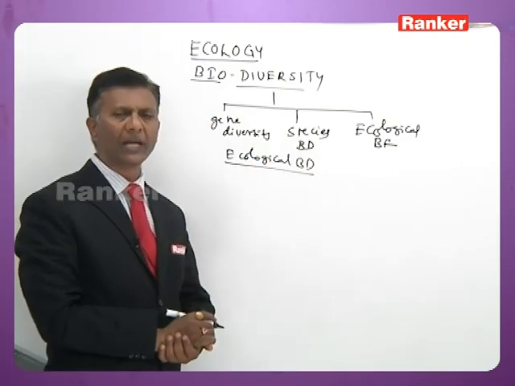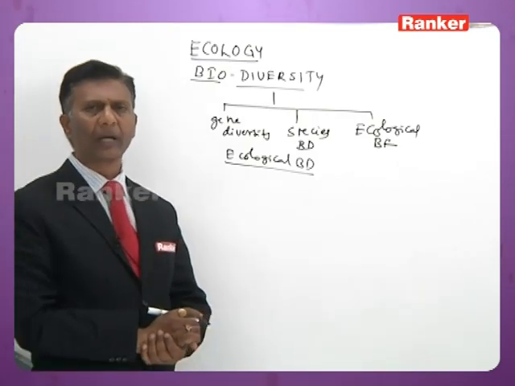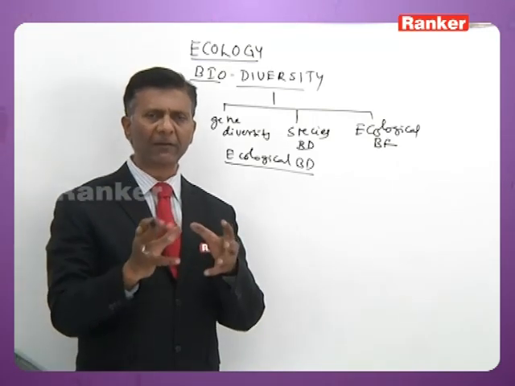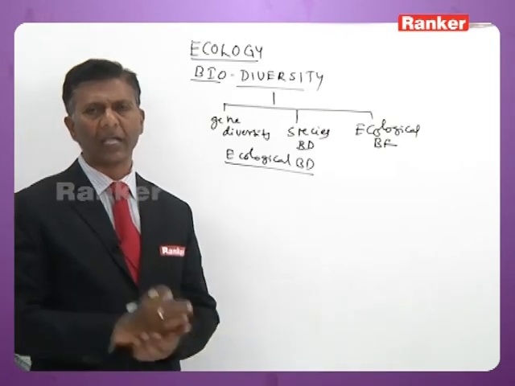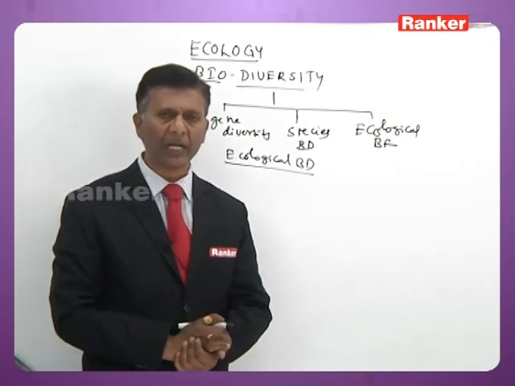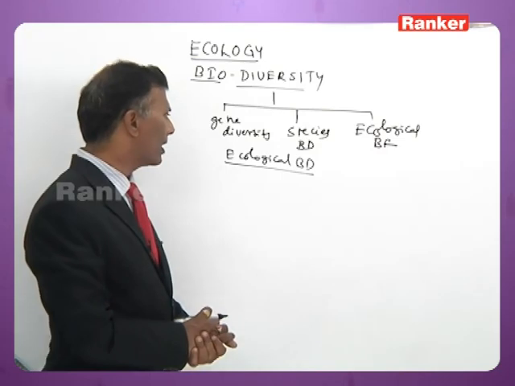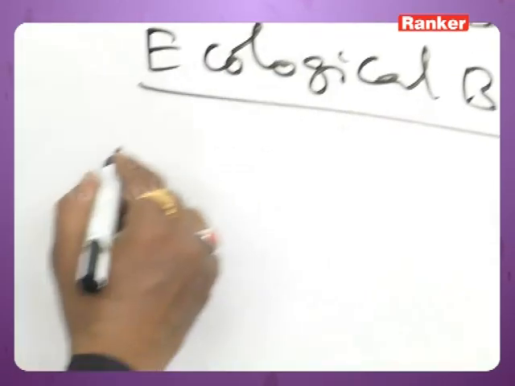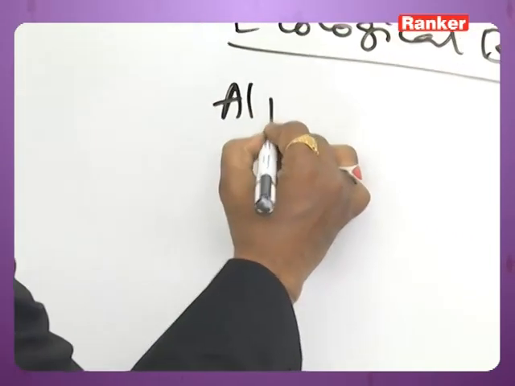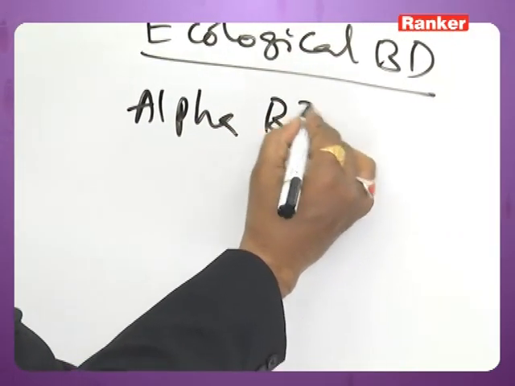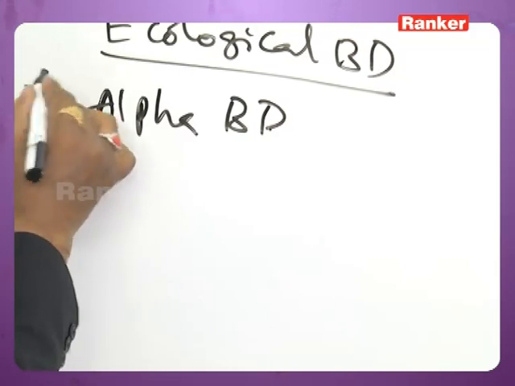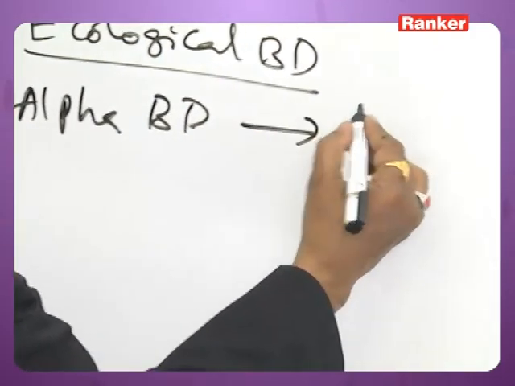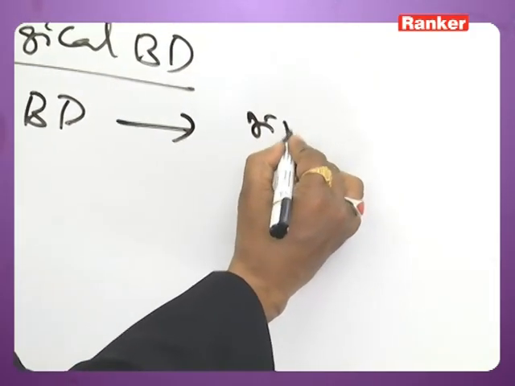The next is ecological biodiversity. It is the diversity of different types of ecosystems, or diversity within an ecosystem, and diversity of several ecosystems in a particular geographical area. That can be called ecological biodiversity. Now ecological biodiversity is again of three types. Alpha biodiversity is the diversity of species within a single ecosystem.